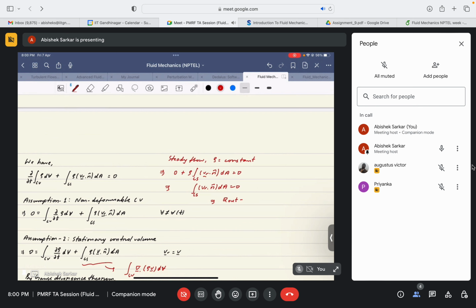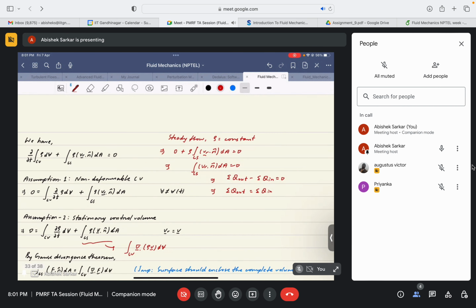So it will give us Q out minus Q in equal to 0, or more accurately, I'm sorry, I should write it as summation of Q out minus summation of Q in equal to 0. So it would essentially give us summation of Q out is equal to summation of Q in.